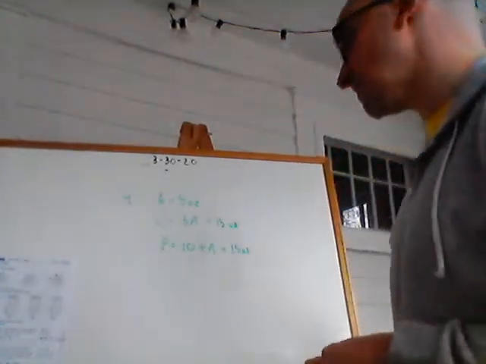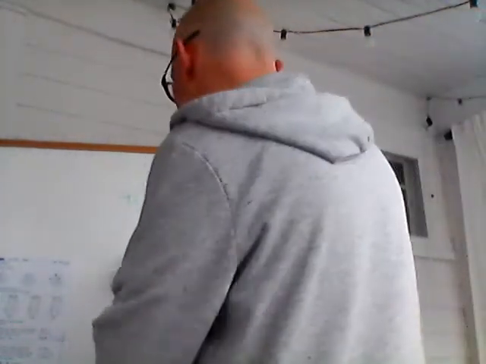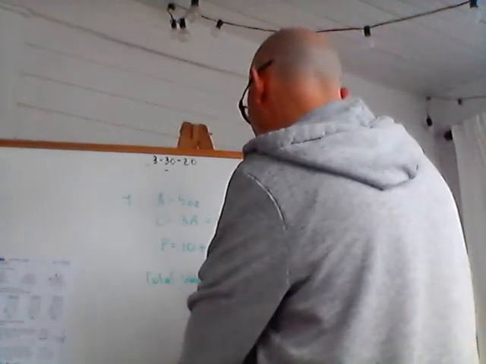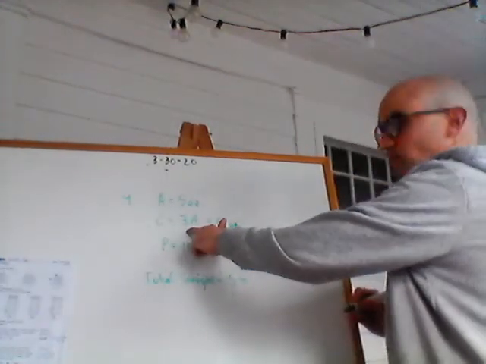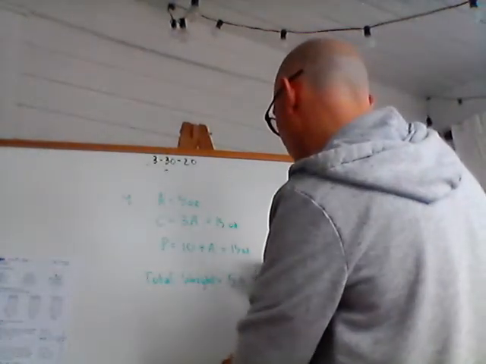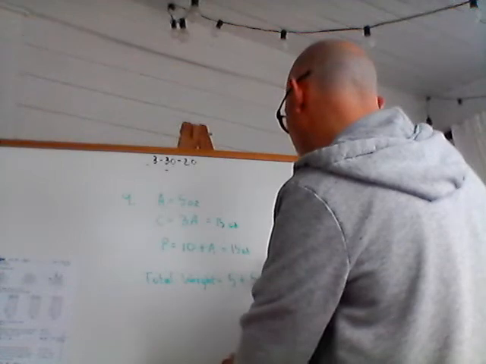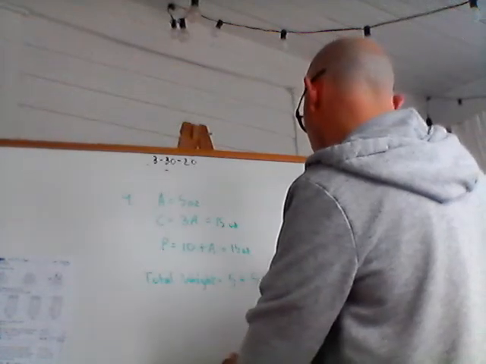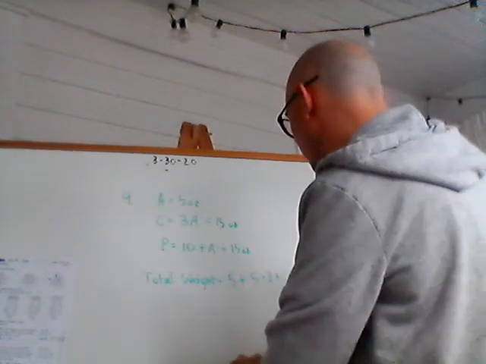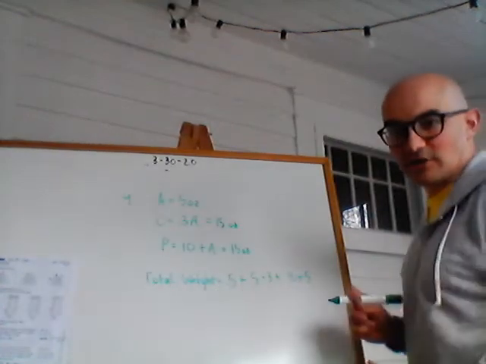And then finally it's asking us to write the total weight. So let me write this down as an equation first. Total weight equals 5 plus, now I'm just going to write it as 5 times 3 here, and then plus 10 plus 5. Now this is just to write our algebraic equation.